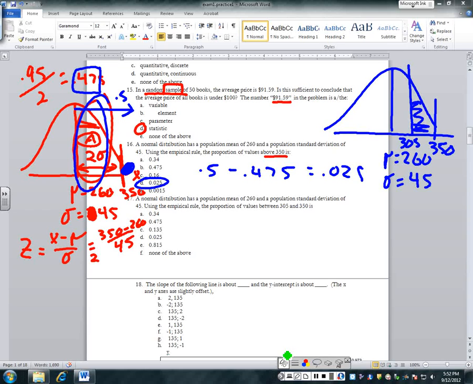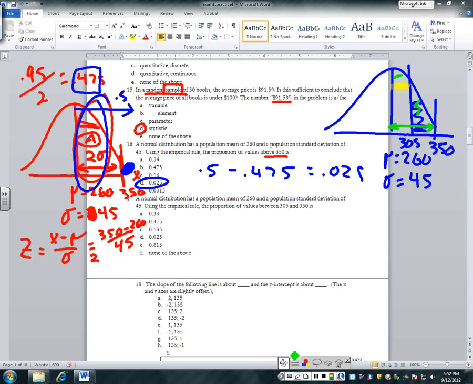We're looking for this area, but we can only find this area and this area. And once we do, we can subtract and get the difference between those to get the area of interest.